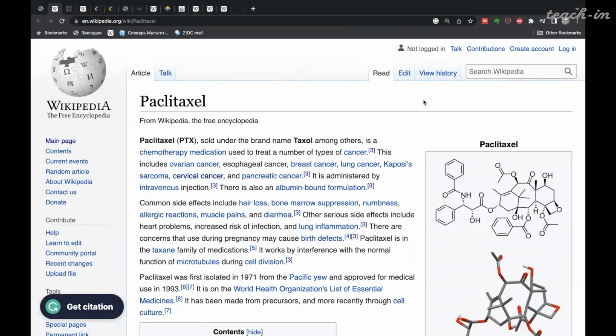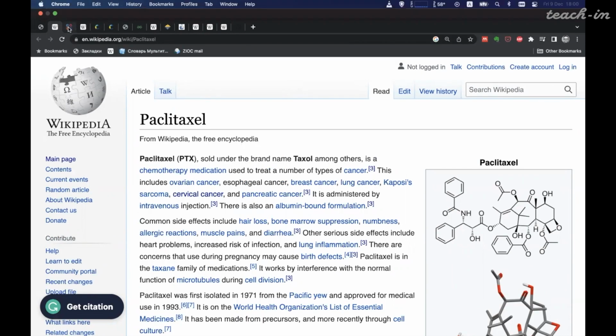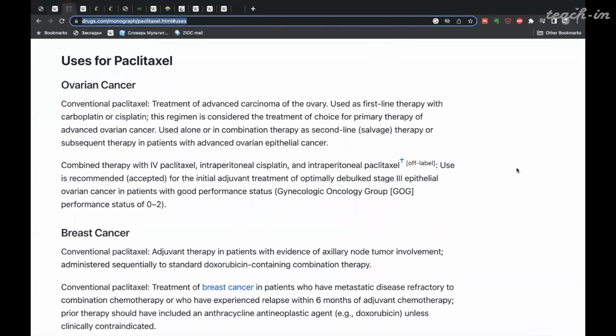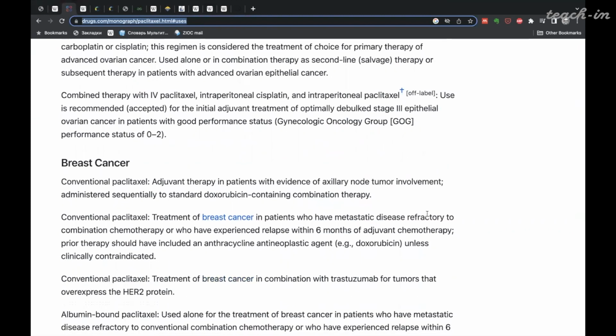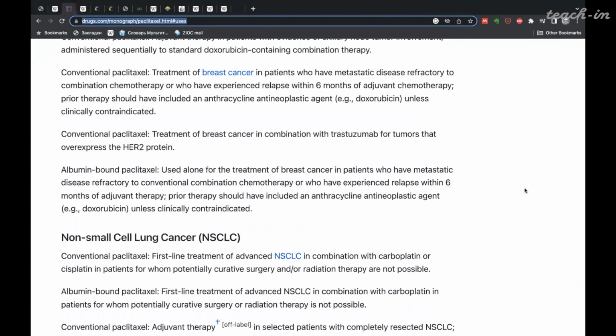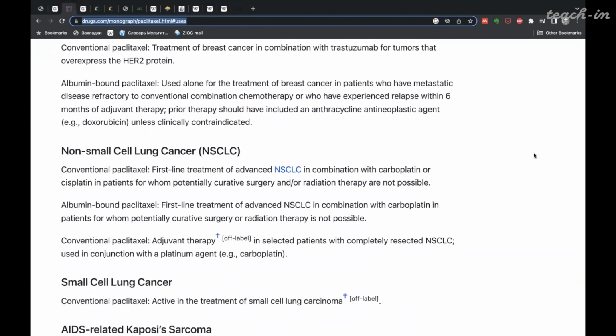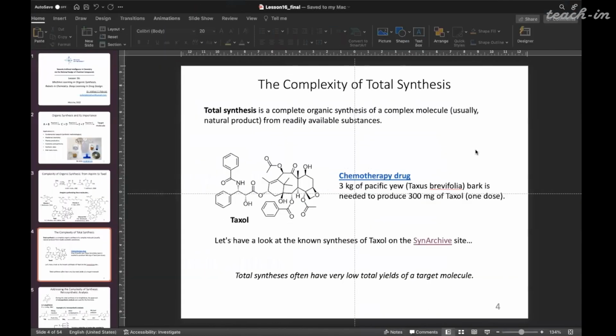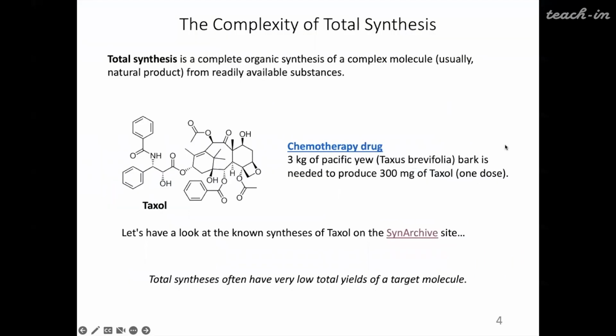It is known to be potent in the treatment of several types of cancers, like ovarian, breast, lung cancer, etc. So a lot of Pacific yew should be processed to obtain only 1 dose of it.